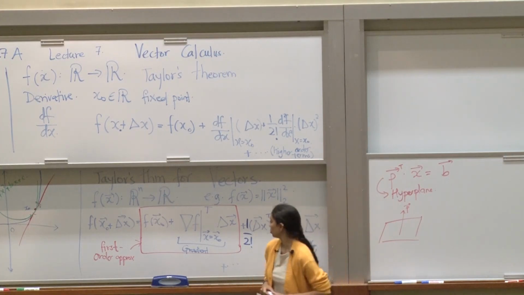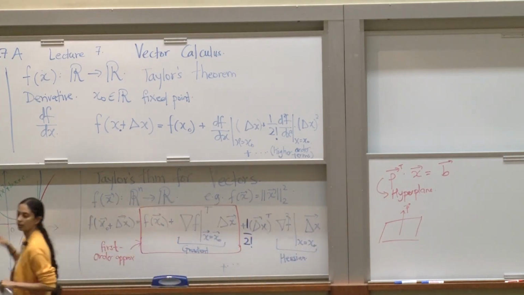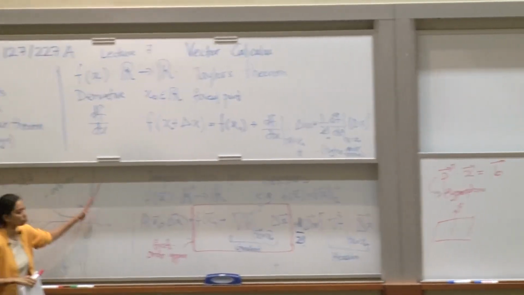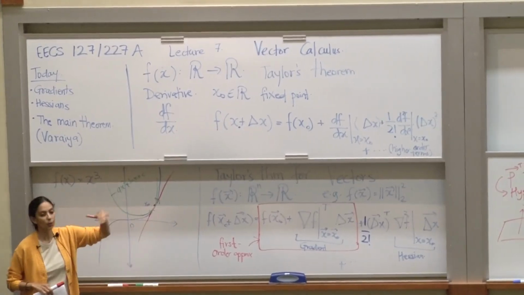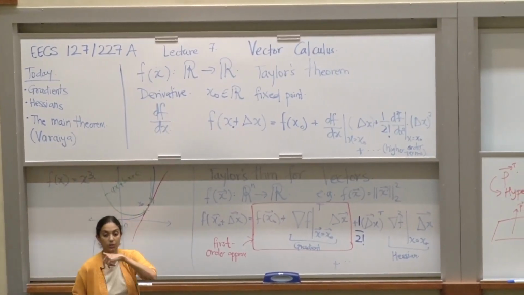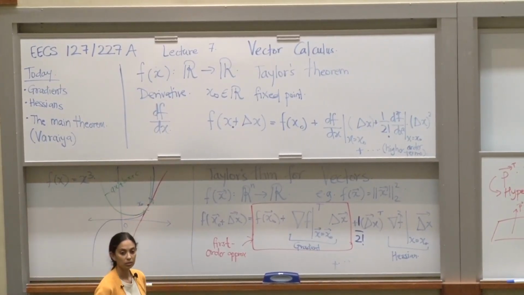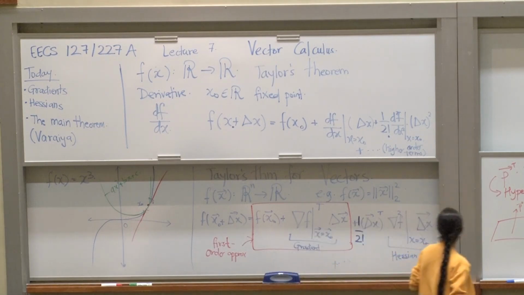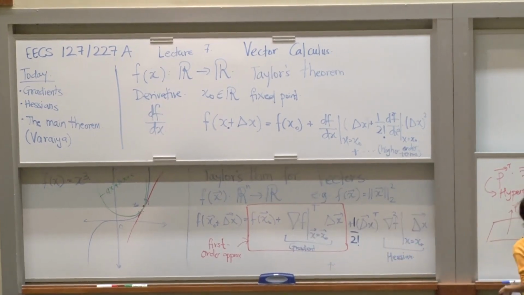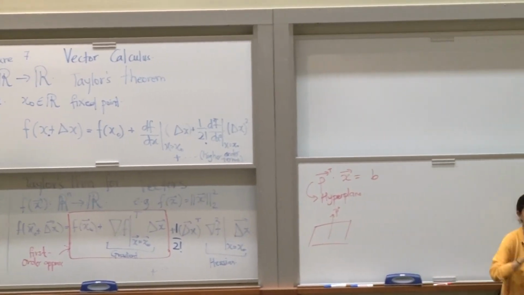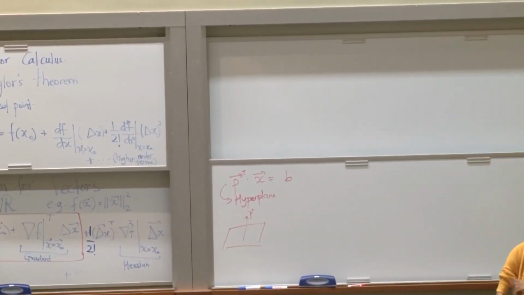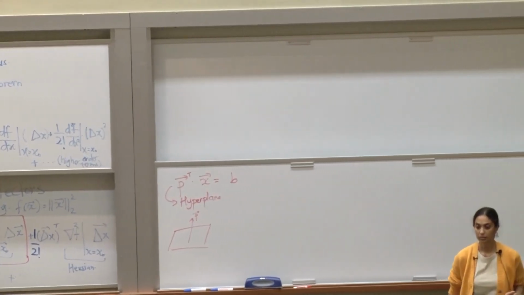Okay? So just like in the scalar case, the first order approximation is a line. Here you have a tangent hyperplane. Yes, question? Oh, sorry, b should be a constant, yeah. I apologize.